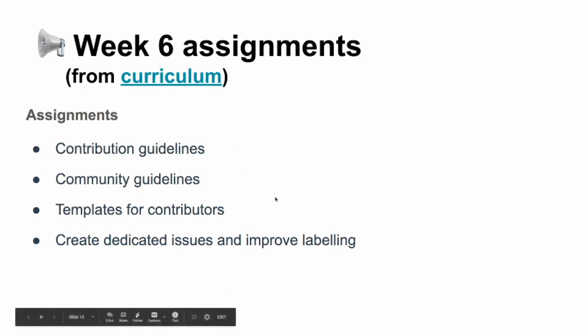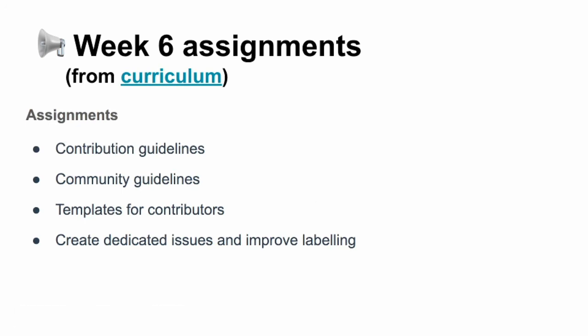Community guidelines are basically a code of conduct. Please also take a look at different codes of conduct. You can also read up on all the resources provided by Mozilla Open Leaders. They have extensive resources about these community guidelines. We link them also on our page. And create some templates for contributors.